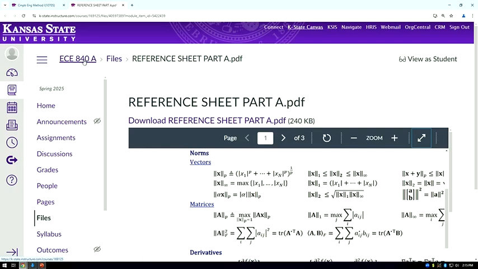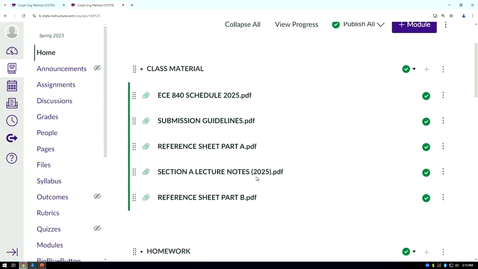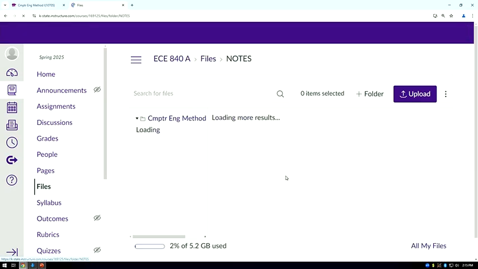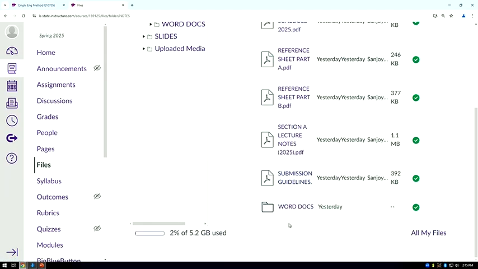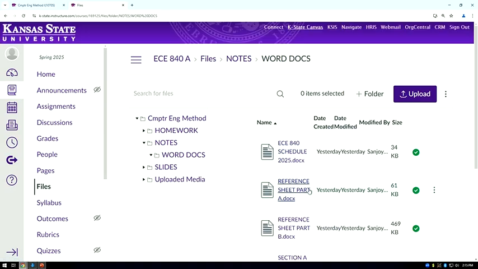Now, let's take a look at the homework. By the way, if you go to files, in student, notes, you'll actually get the Word documents, the Word equivalent.